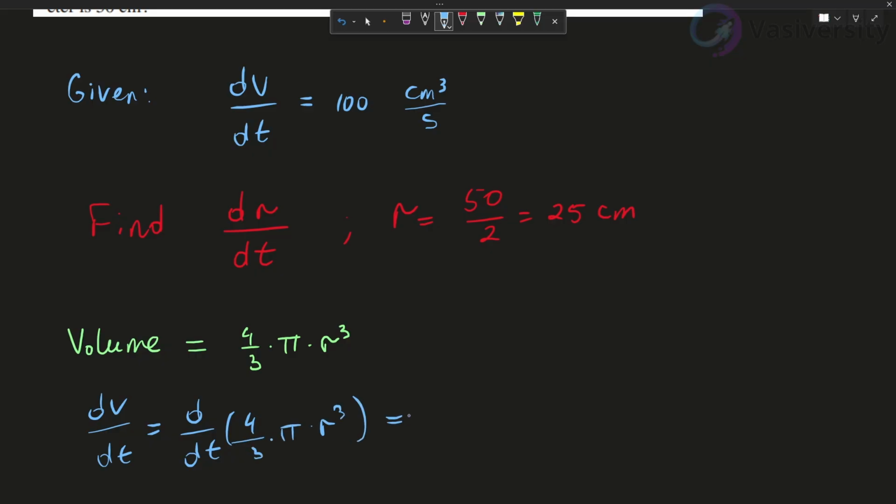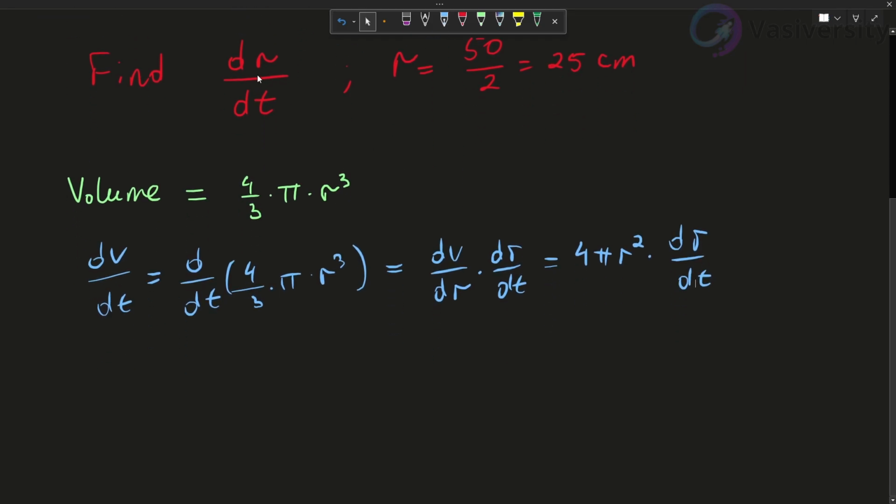That's the same thing as dV over dr times dr over dt. The derivative of the volume with respect to radius is 4 pi r squared, times dr over dt.